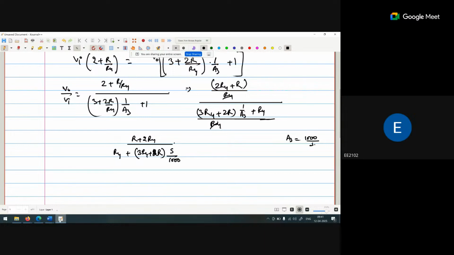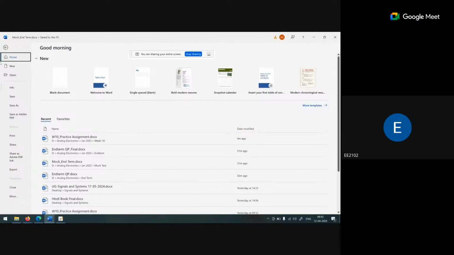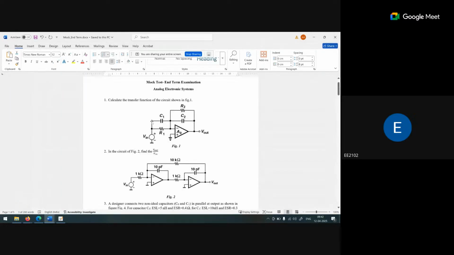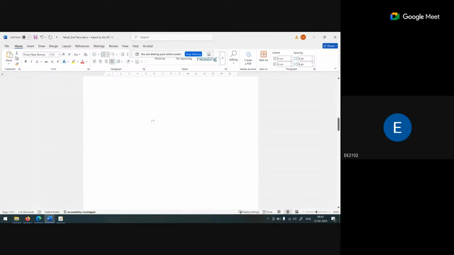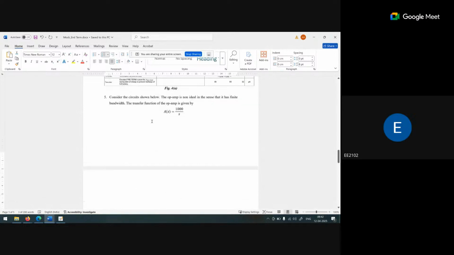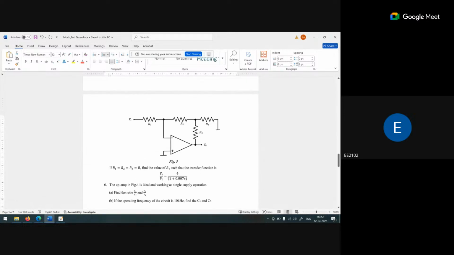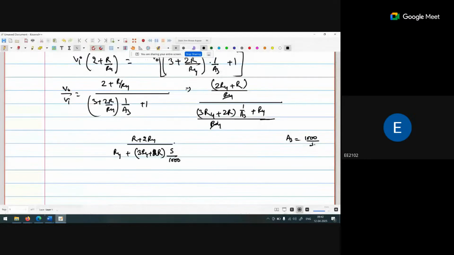Okay, now compare this one with the given equation. Four upon, so it is equal to 4 upon 1 plus 0.007. So I think so.